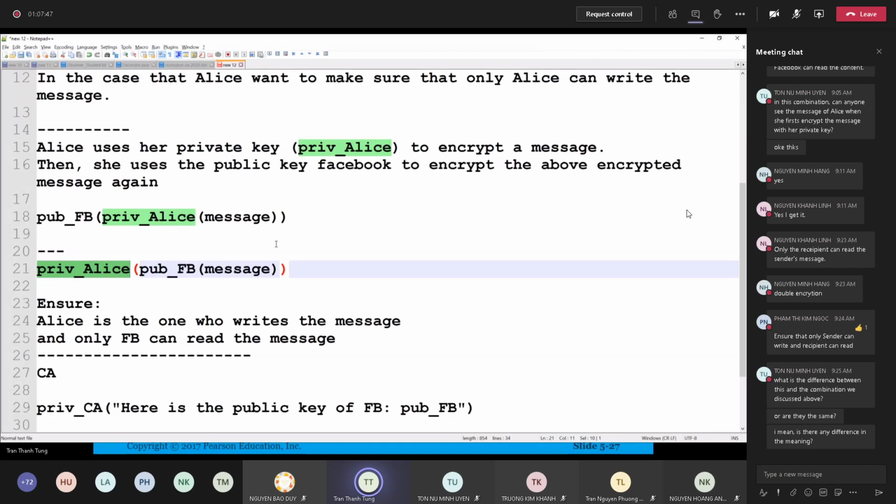So in this mechanism, Facebook ensures that it gets the message from the right person, and then it will read it. It's just like the way that you get email. You ensure that, hey, I only read the email from my friend. This one I know that is Alice, and then I read it. Otherwise I skip it. Okay. Here we know who is sending, who is the owner of the message, and we check on the sender first, before opening it with our private key.